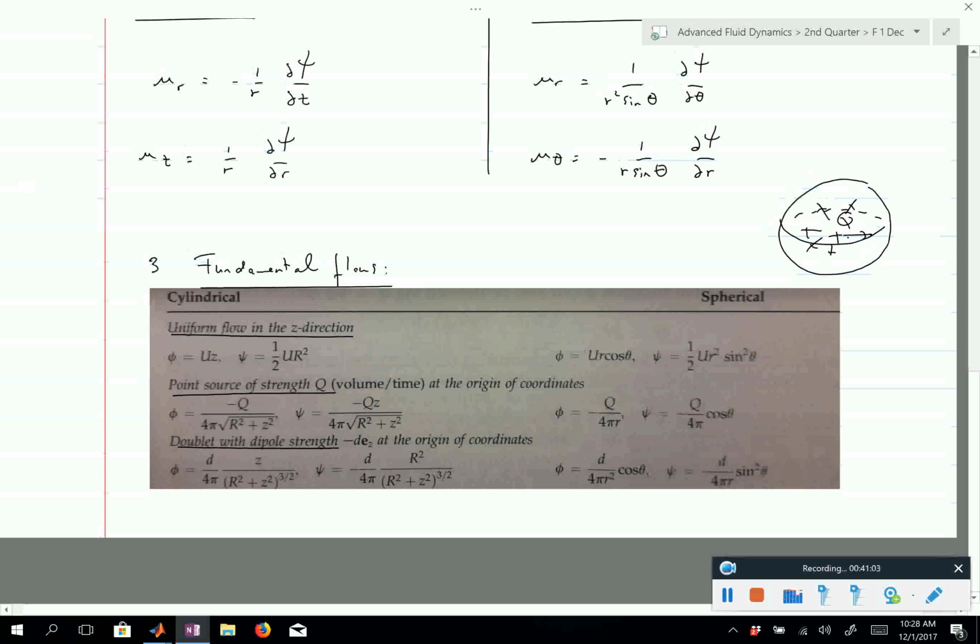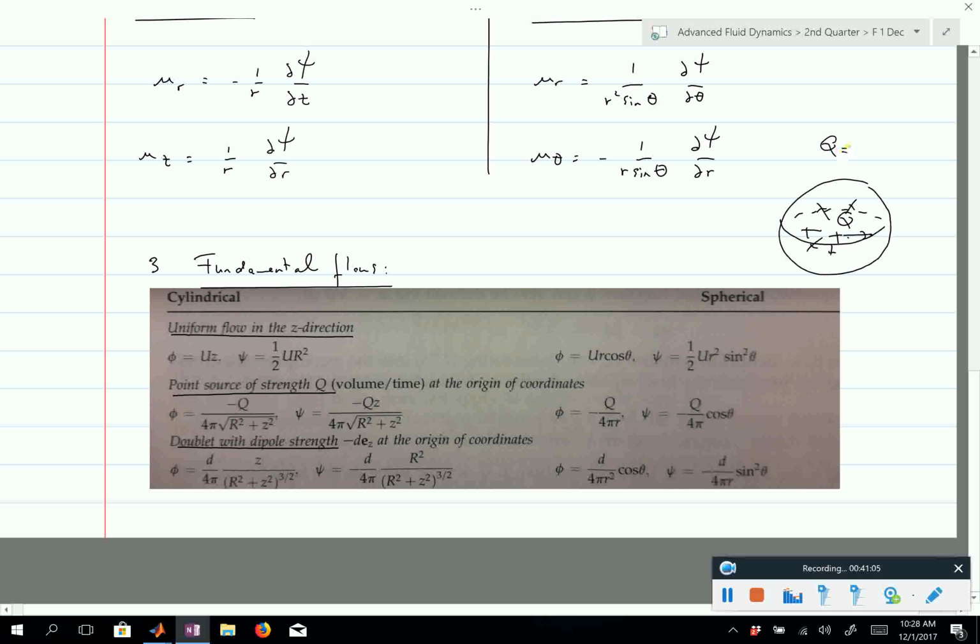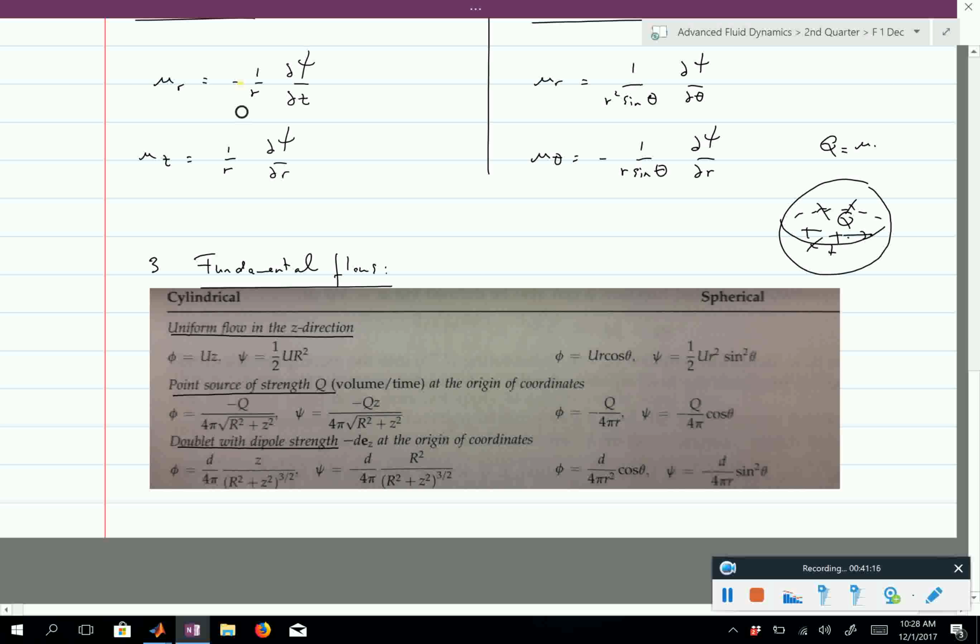If your volumetric flow rate is constant through a sphere, then this is just going to be Q. The volumetric flow rate is U times the surface of your sphere, which is 4 pi R squared. And so you see that your velocity U is going to be in Q divided by R squared.